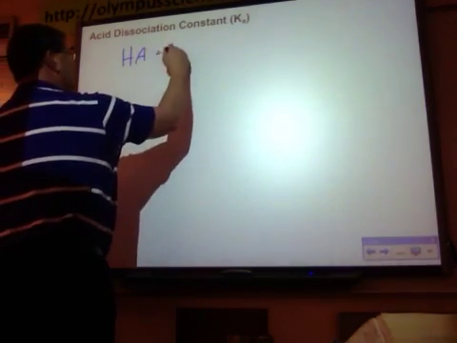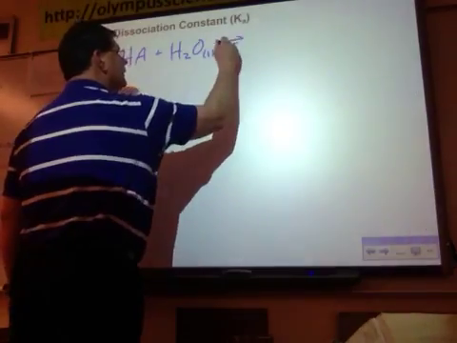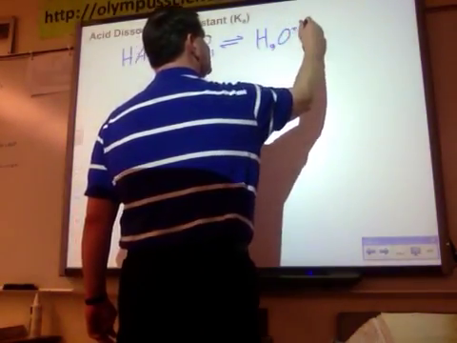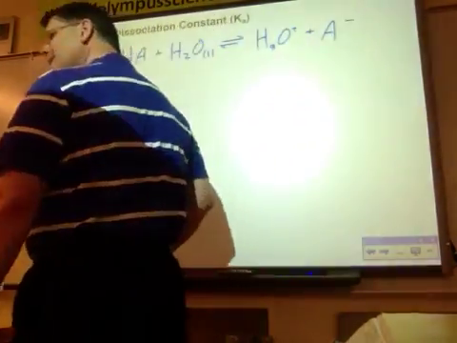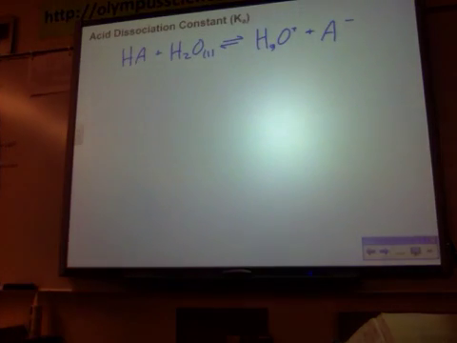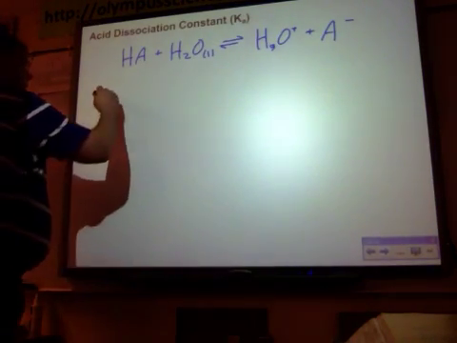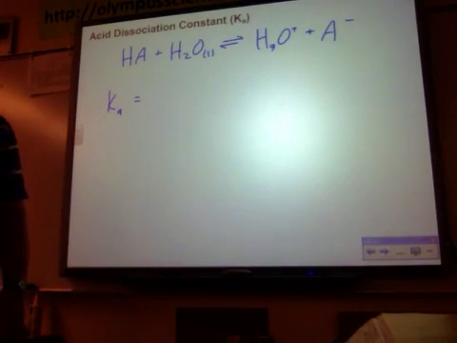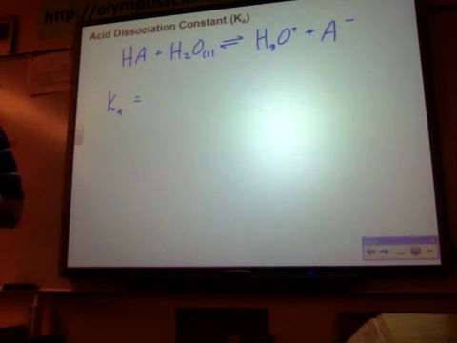Okay. HA plus H2O, liquid, goes to form H3O plus and A minus. All right? So if we were going to establish an equilibrium constant for this reaction, what would it involve?